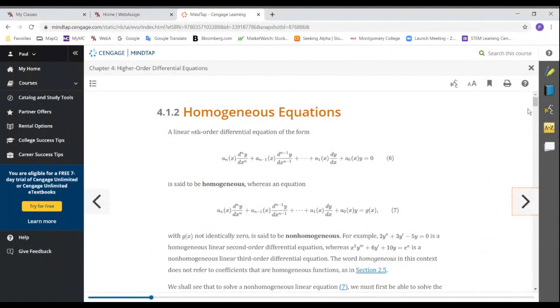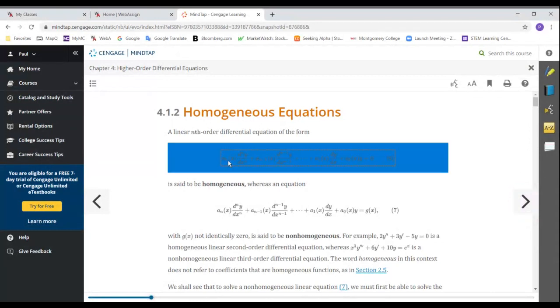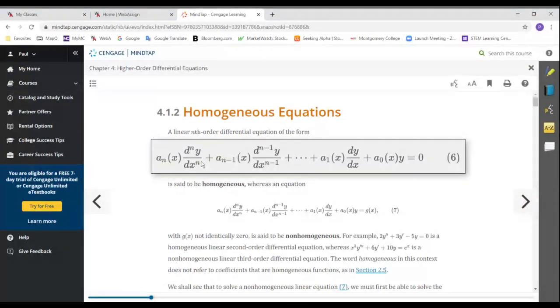And so we have to get comfortable with a little bit of terminology here. This differential equation is said to be homogeneous. Okay, why do you think that is?